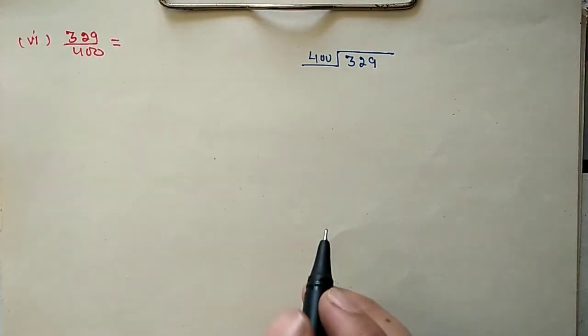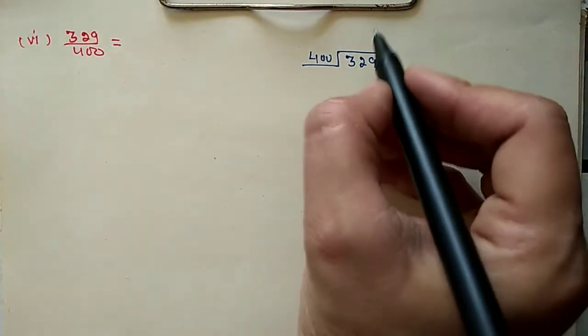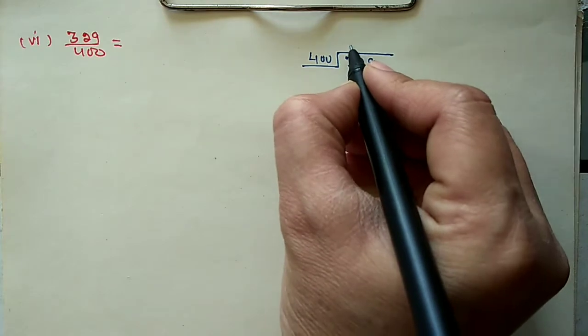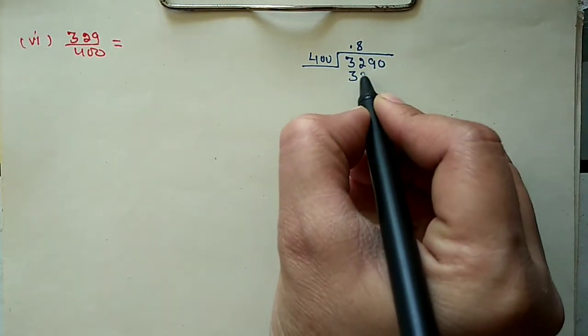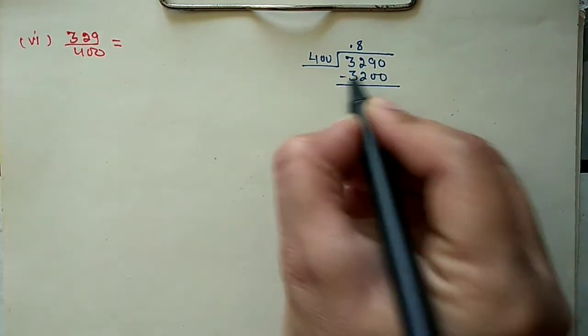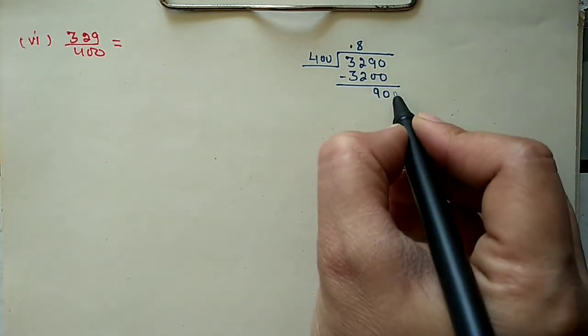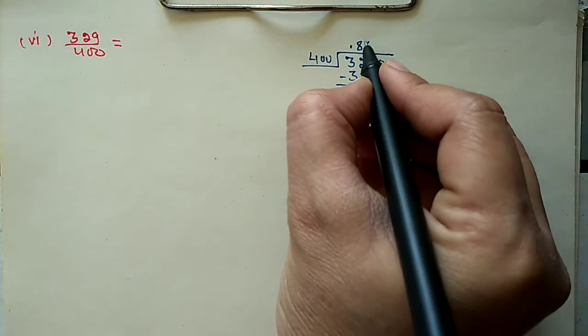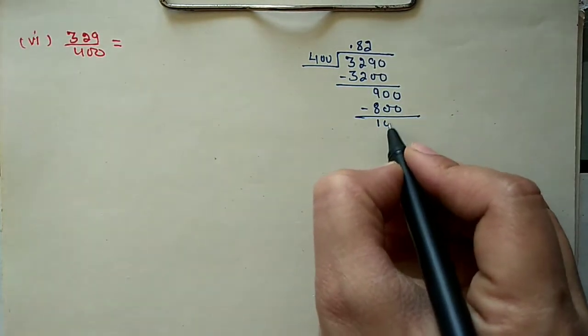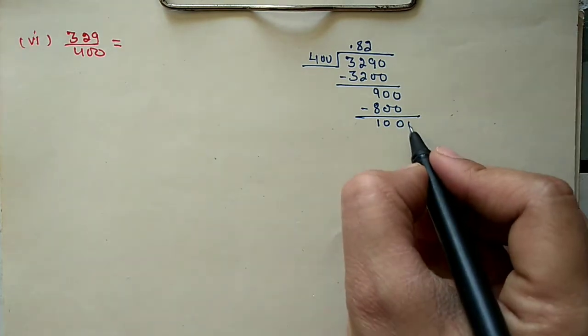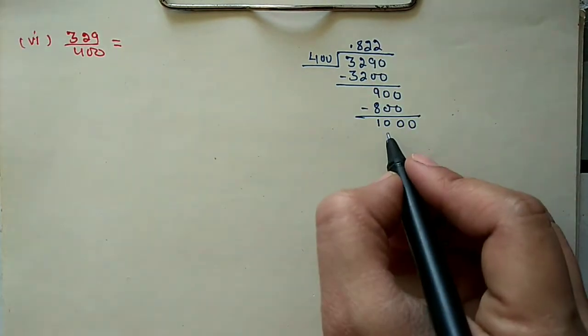Next is the sixth part, 329 divided by 4. So first we put decimal and take 1 0, then 4 8s are 32. We get 3200 and do the subtraction, 90. Take one more 0, then 4 2s are 8. Take one more 0, again it will go 2 times.